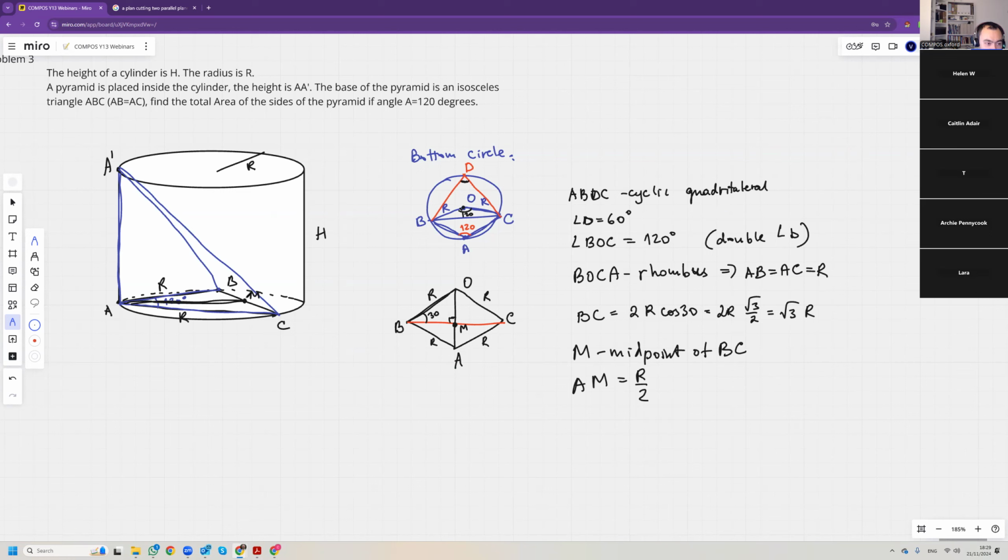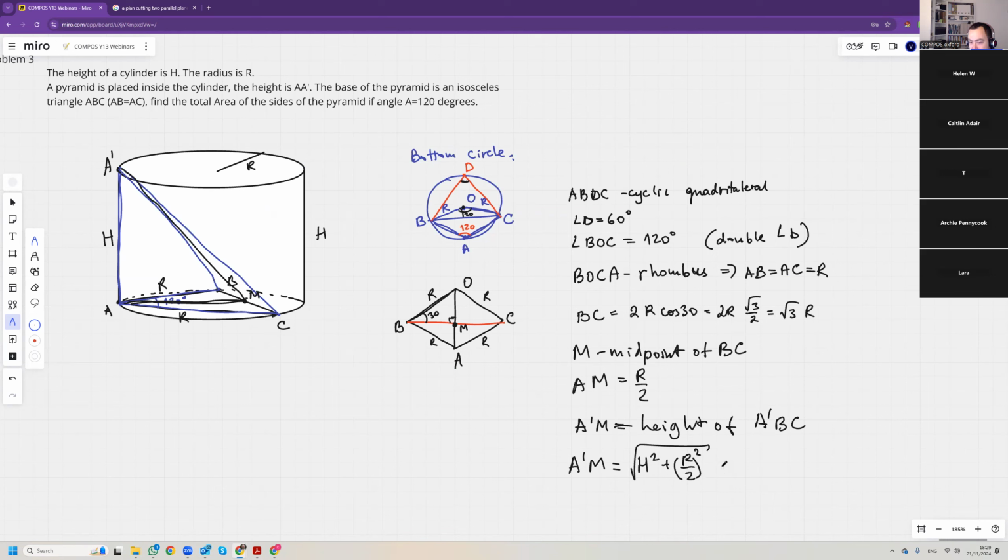This height is H. So A prime M is the height of the triangle A1BC, and A1M, using Pythagoras theorem, is the square root of H squared plus R over 2 squared.